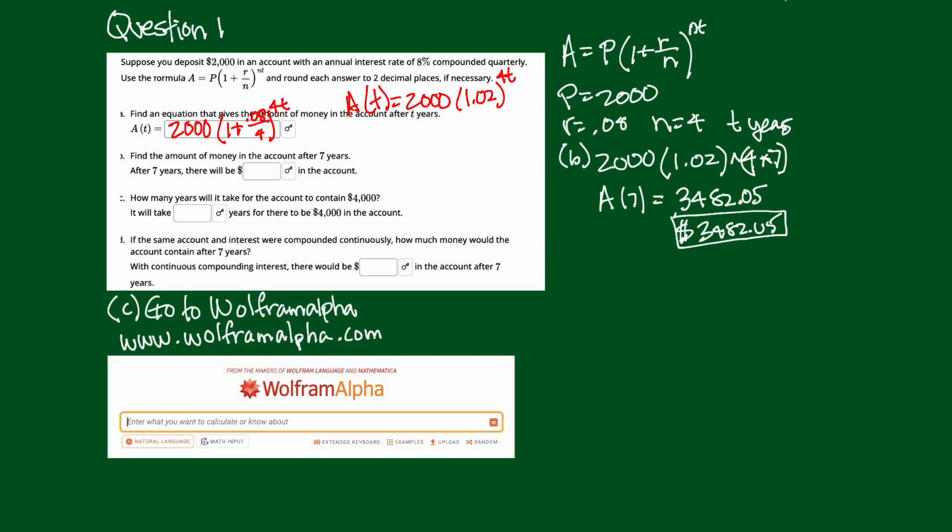When you get to Wolfram Alpha, this is what you're going to see. You can see this empty field here, and in this empty field, what you're going to type is this. You're going to say solve, and then you're going to put in 4,000 equals 2,000, parentheses 1.02, and then you're going to raise that to the 4x.